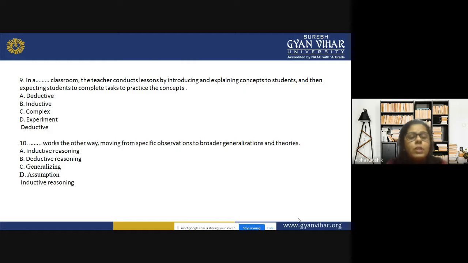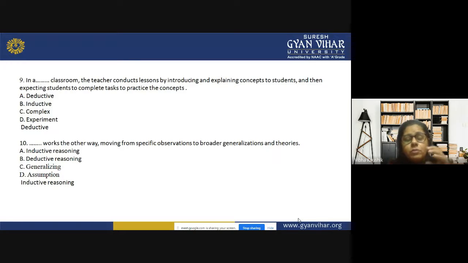Now the inductive one works the other way, in a different way. Moving from specific observation to broader generalization and theory, where we are moving from a particular observation to broader generalization.